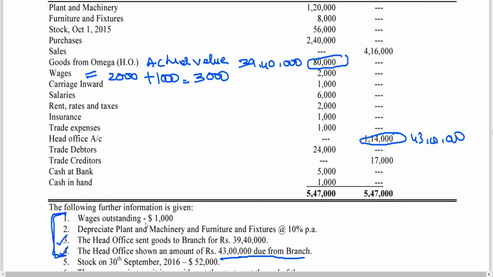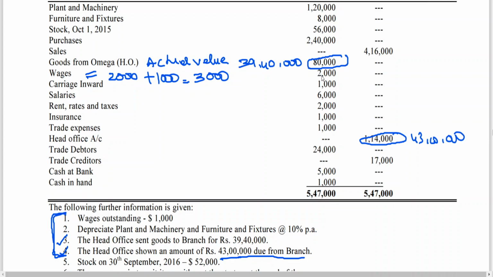You're redrafting the trial balance. When you are redrafting the trial balance, then what happens? The adjustment is to be taken to the trial balance itself. Then wages 2000 plus 1000 becomes 3000. We have discussed that omission of a transaction in double entry means you also need to have outstanding wages. Now this 1000 you added, no?